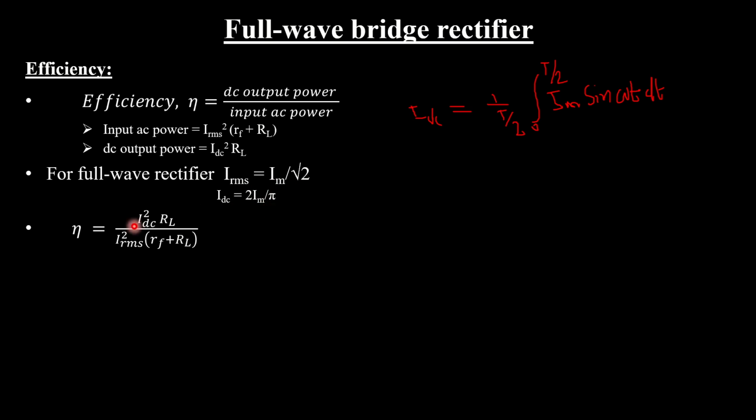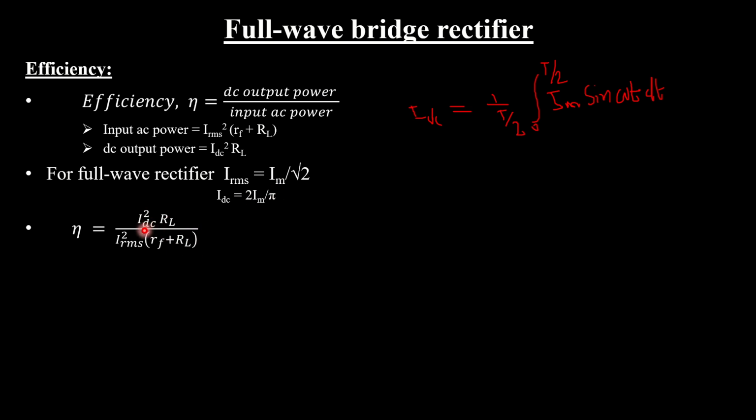So now we are going to substitute these expressions into the expression for the efficiency eta. Eta is equal to IDC square into RL divided by IRMS square into RF plus RL. Now here IDC is given by 2 Im by pi.